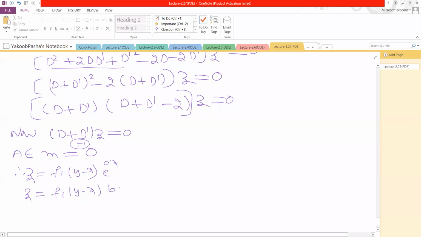It is a part of complementary function. ఇది ఒక పార్ట్ అంటే కాంప్లిమెంటరీ ఫంక్షన్.